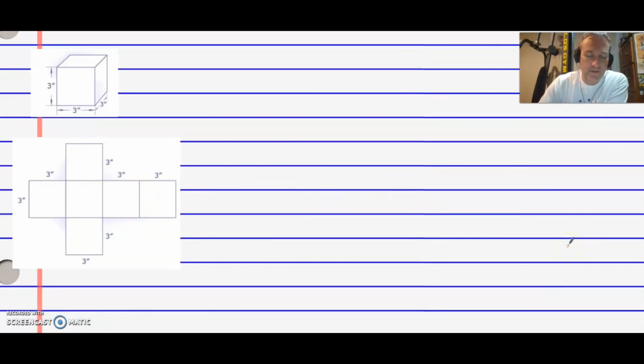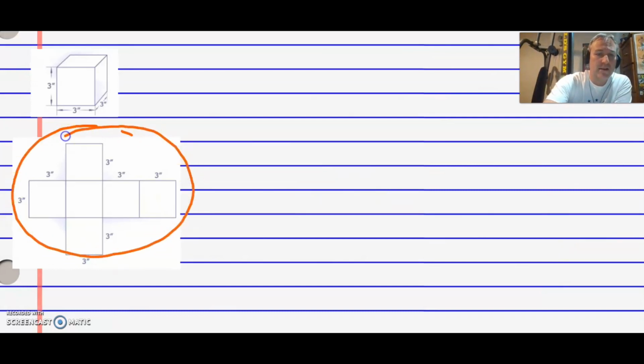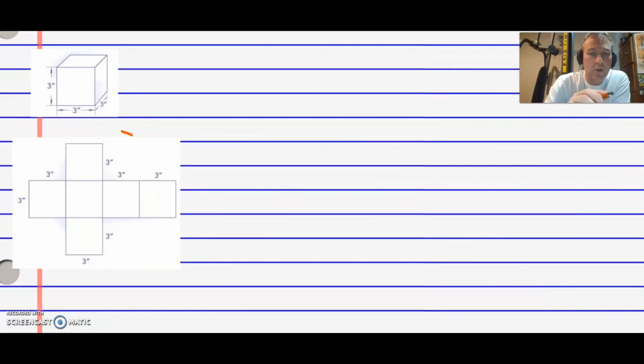So looking at this drawing right here, we have all the 3-inch sides. We're going to use the area of a rectangle formula, and if you remember, that was just length times width, or base times height, remember?